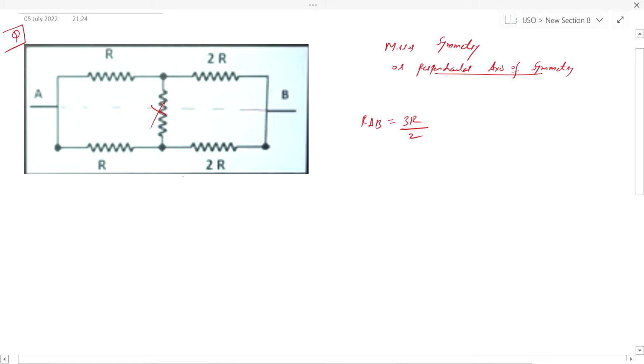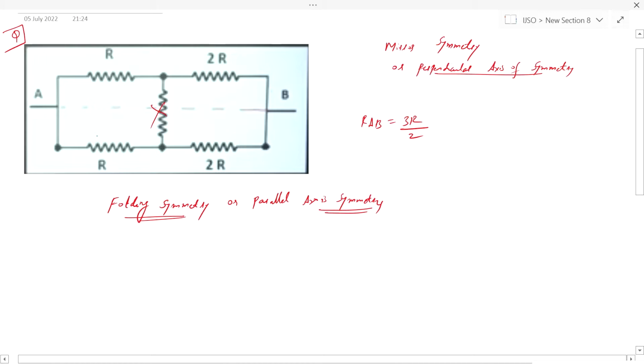Now the other method: this was mirror symmetry or perpendicular axis of symmetry. Now we will learn folding symmetry or parallel axis symmetry. Understood?